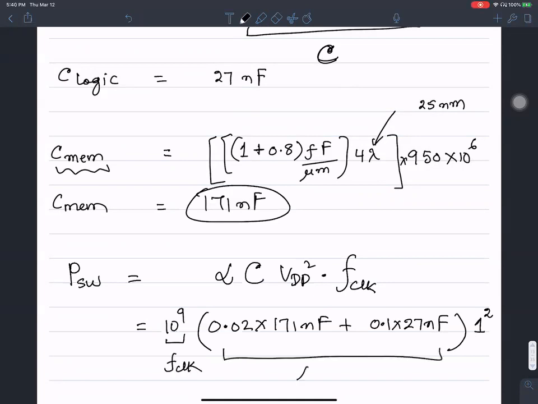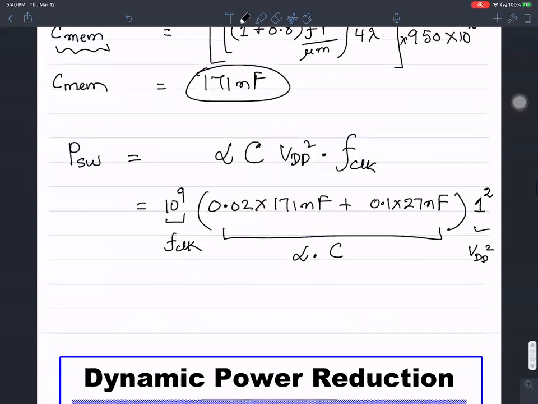So this is alpha times C, this is VDD squared. If I plug the numbers in, I get a value of power switching equal to 6.1 watts.